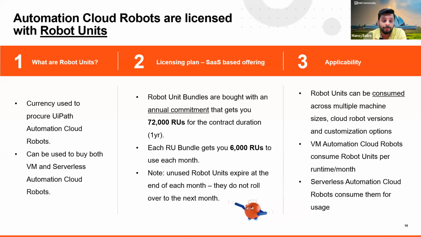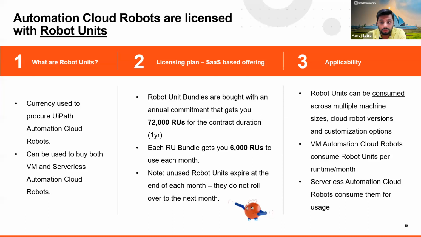So if you divide 72,000 RU, you will get close to exactly 6,000 RUs per month for usage. And the other thing is, if you don't use RUs within due time, they will expire automatically. So it doesn't roll over to the next month. Next month you will get a new set of RU.